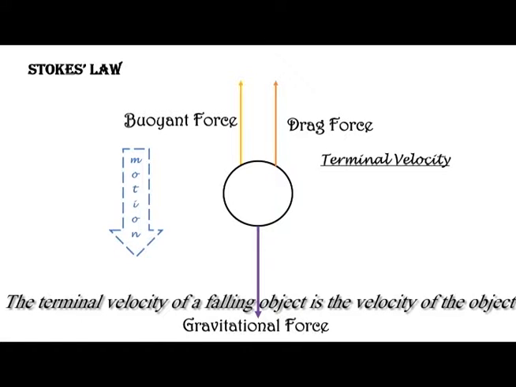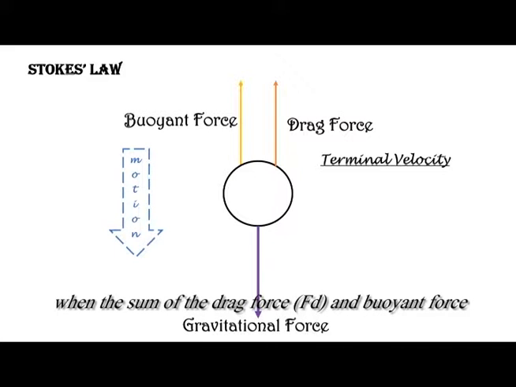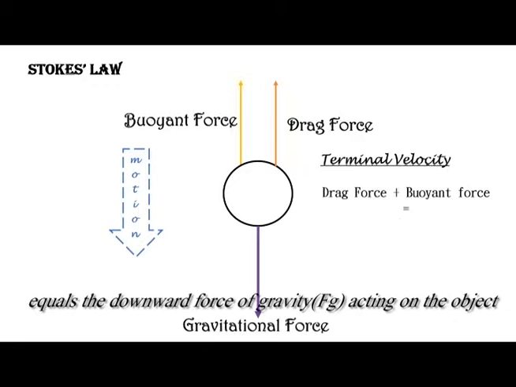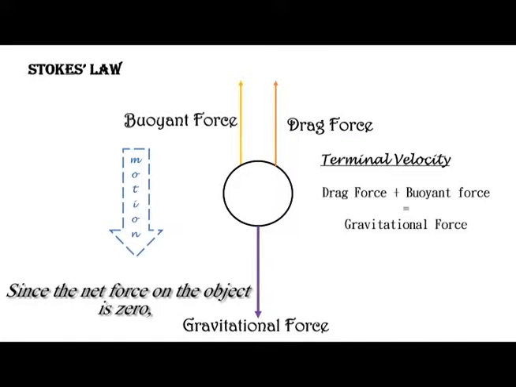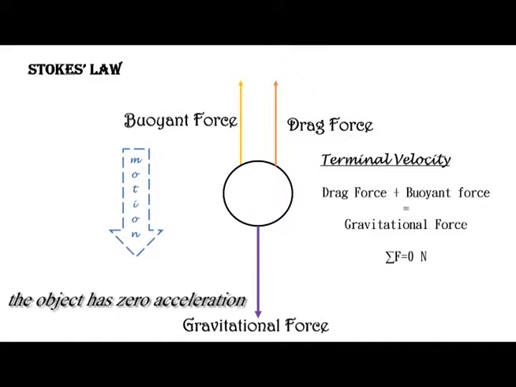The terminal velocity of a falling object is the velocity of the object when the sum of the drag force, Fd, and buoyant force equals the downward force of gravity, Fg, acting on the object. Since the net force on the object is zero, the object has zero acceleration.